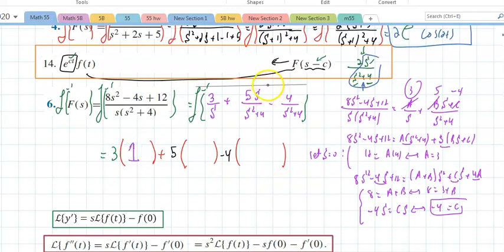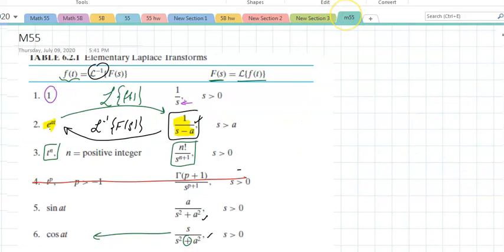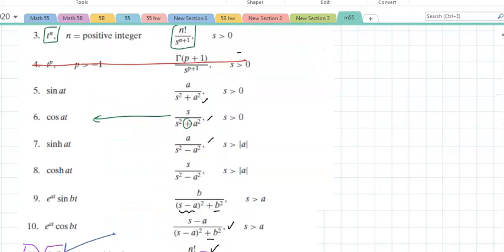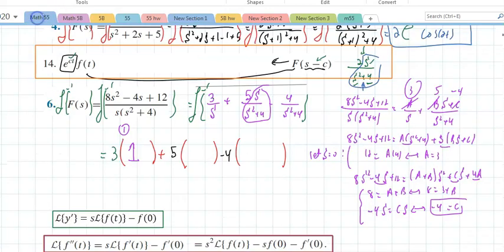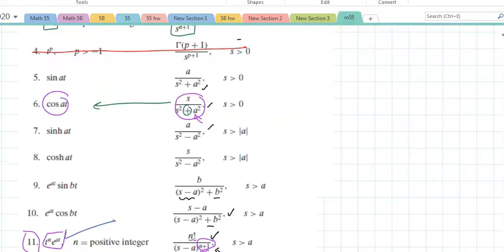If I look at s over s squared plus 4, cosine of 2t, and that was number 6.